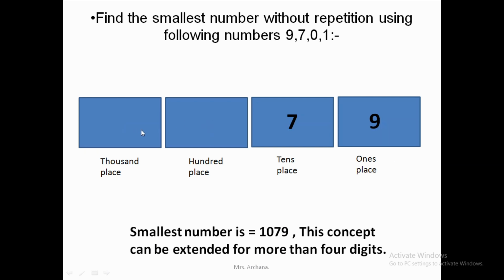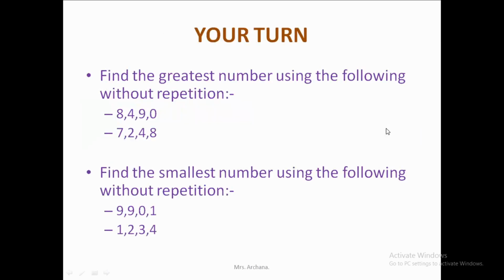That's why we are not going to place 0 here. We will place 0 in the 100 place and 1 in the thousands place. Okay, so we got the smallest number as 1079. Now it is your turn. You have to do this as your homework.